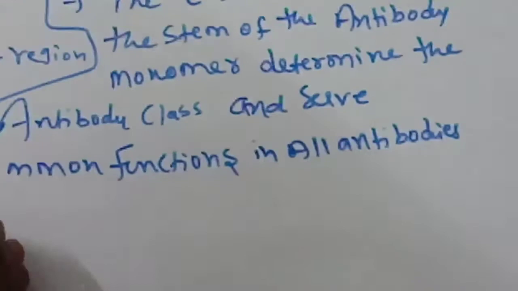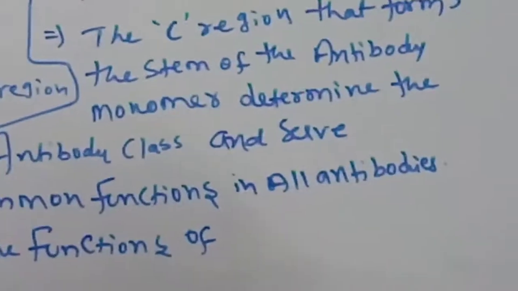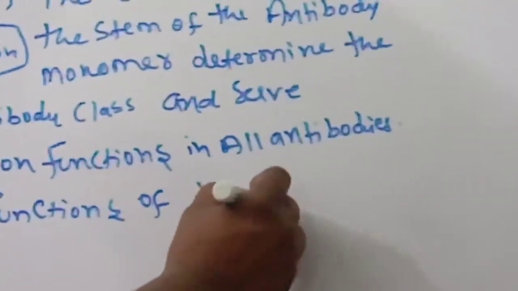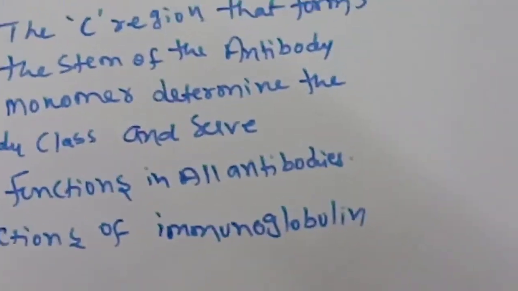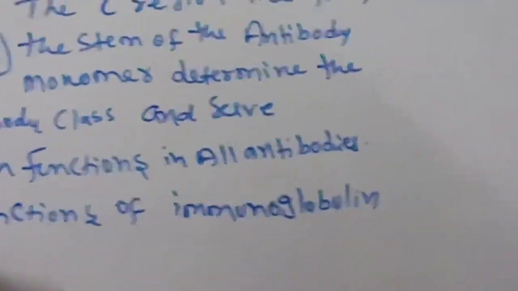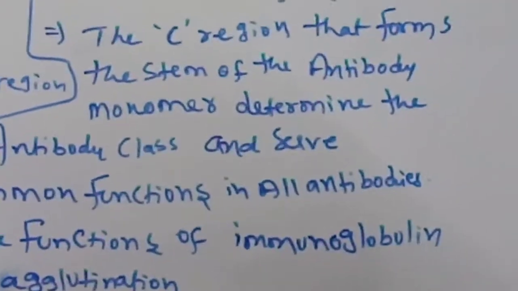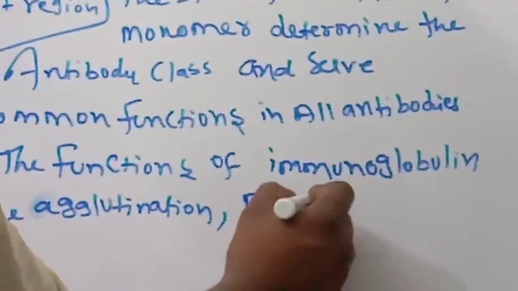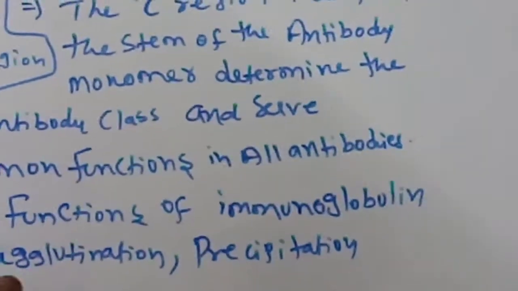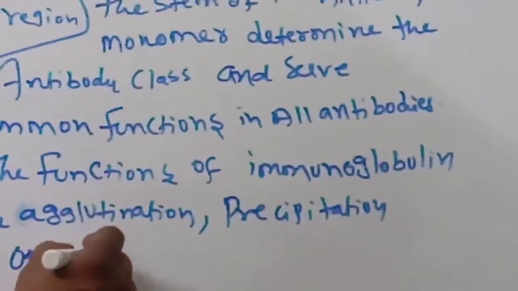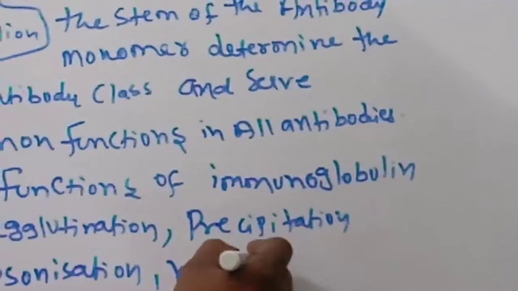The functions of immunoglobulin are agglutination, precipitation, opsonization, neutralization.